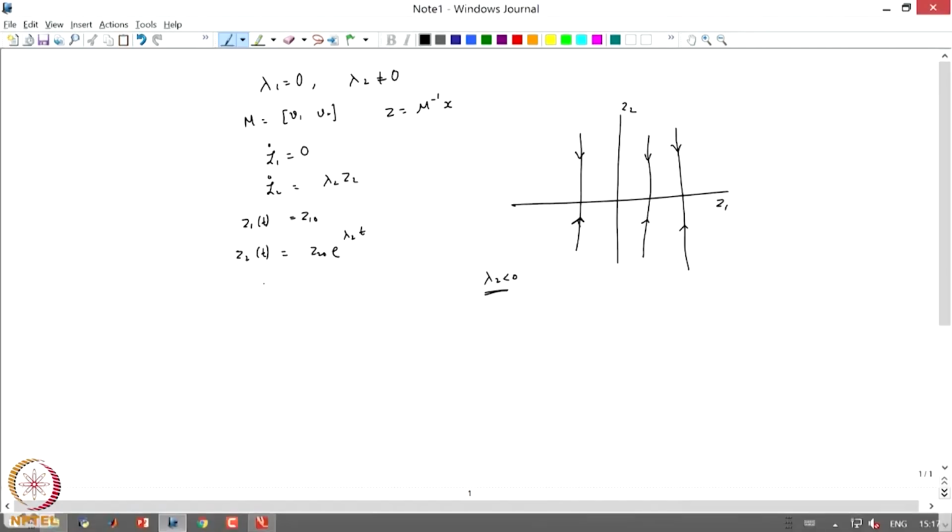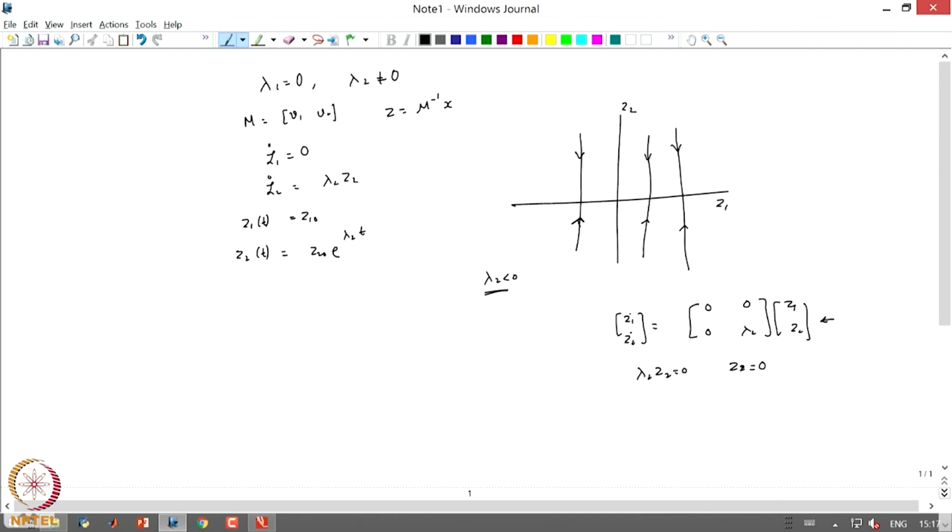How will we deduce the equilibrium point? If I have a system like this, z1 dot, z2 dot equals the matrix 0, 0, 0, lambda 2 times z1, z2. What are the equilibrium points? If I solve this, I have lambda 2 z2 equal to 0, which means z2 equals 0. This is the only solution I get.